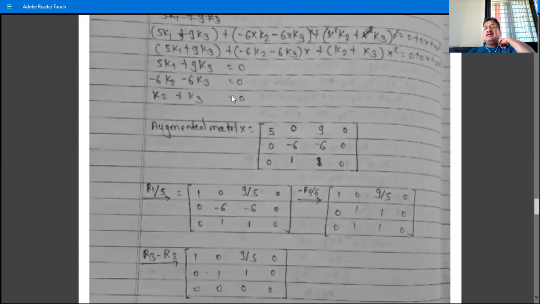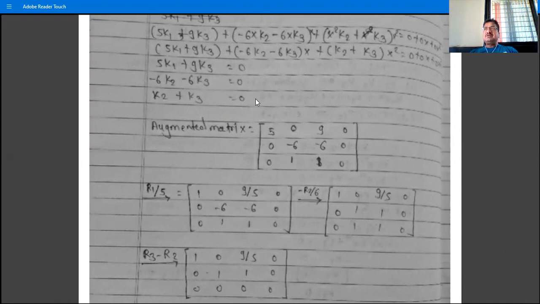So in what case do the scalars have non-zero values, that is, the scalars are not all equal to 0? If the rank of A is equal to the rank of AB, which is strictly less than the number of unknowns. In that case, the system has a non-zero, non-trivial solution.